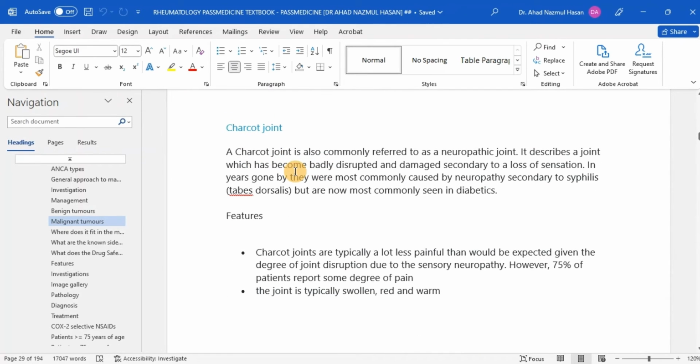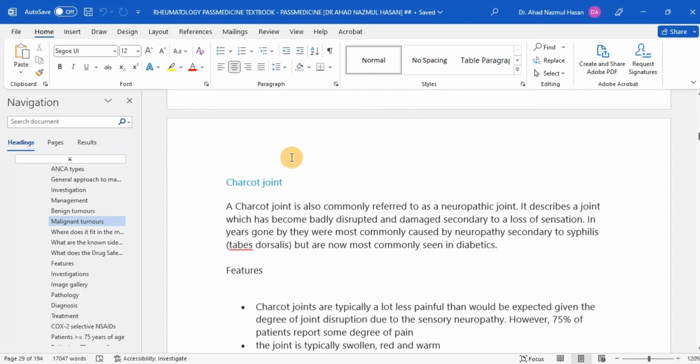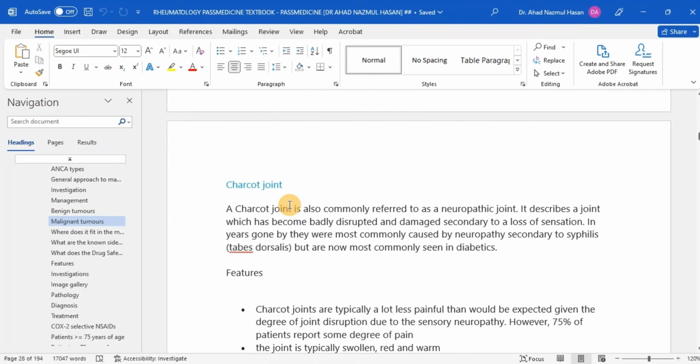Charcot's joint. Charcot's joint is the neuropathic joint destruction. It may occur in case of neuropathy secondary to the tertiary syphilis. And usually there should be absence of pain.